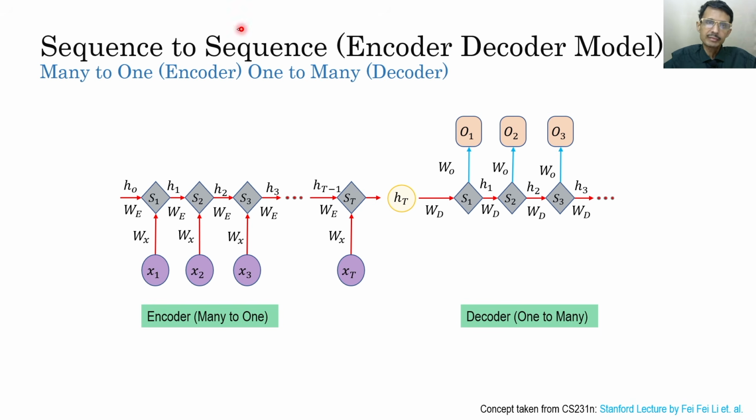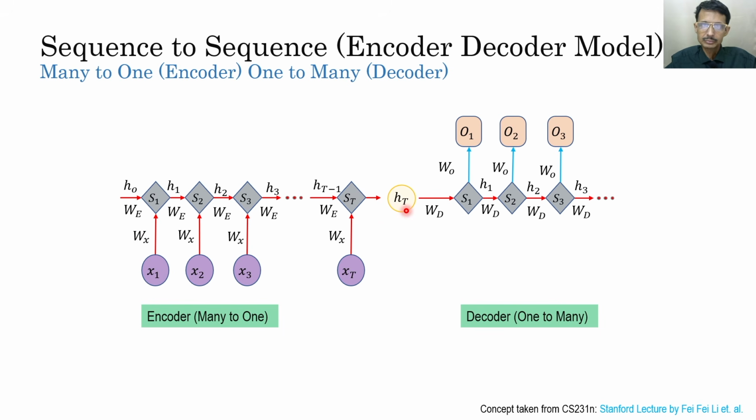In general, this sequence to sequence model is an encoder decoder model. That means there is one encoder part and one decoder part. So what does the encoder essentially do?